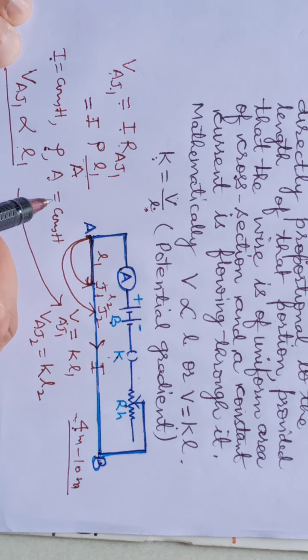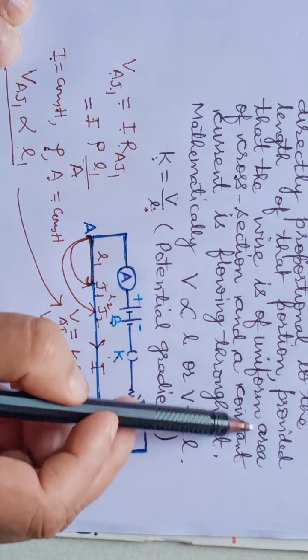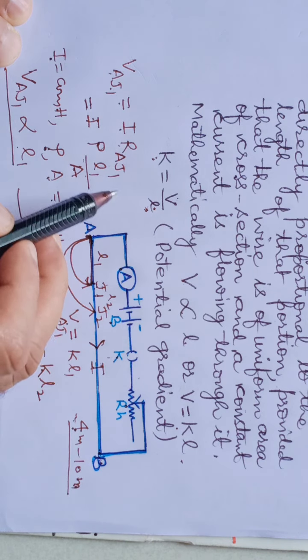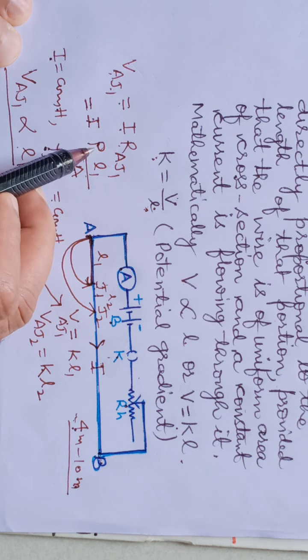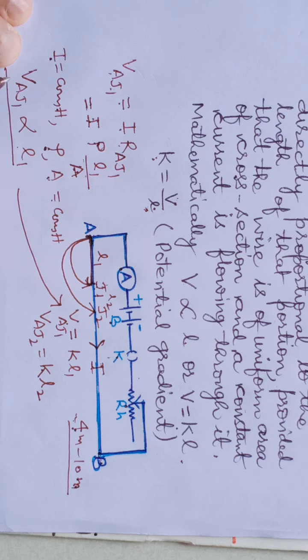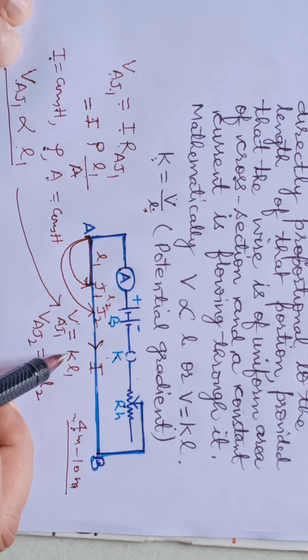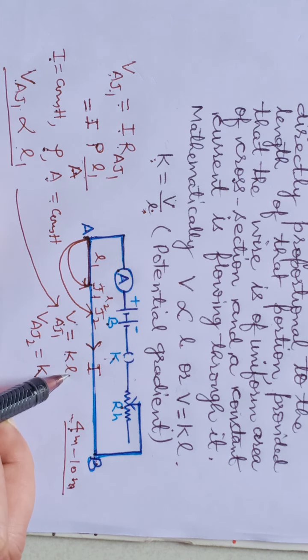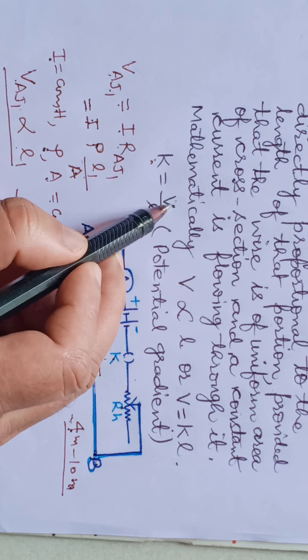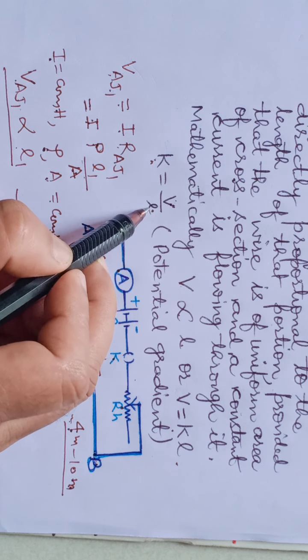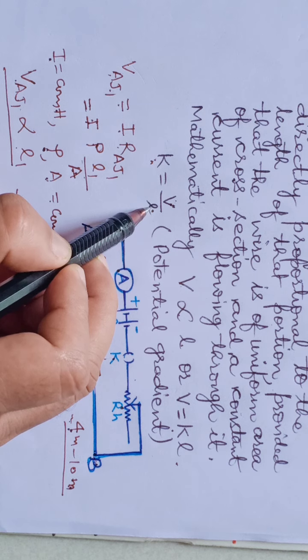Area of cross section is constant, again a uniform cross sectional area wire is taken. Therefore, if I is constant, rho is constant, A is constant, then VAJ1 will be proportional to L1. And this VAJ1 is nothing but K into L1. K is the potential drop of 1 centimeter of potentiometer wire.